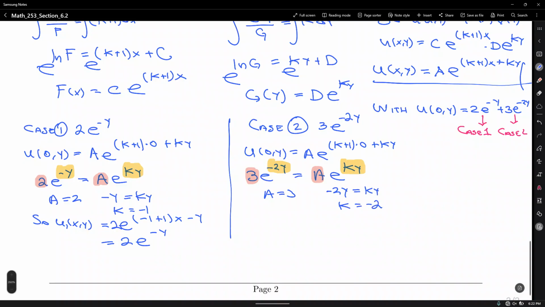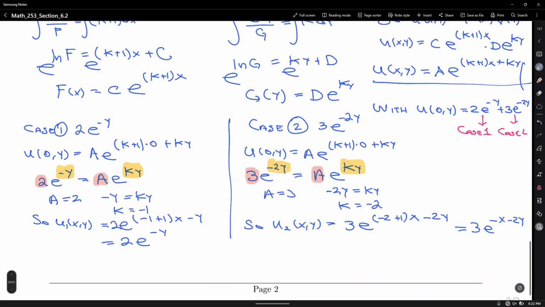And that gives us u sub 2 of x, y equals 3 e to the, careful, k plus 1, which is negative 2 plus 1, x plus ky, which is another negative 2y, which reduces to 3e to the negative x minus 2y.